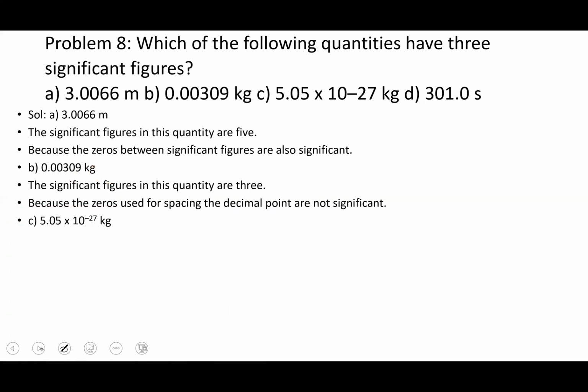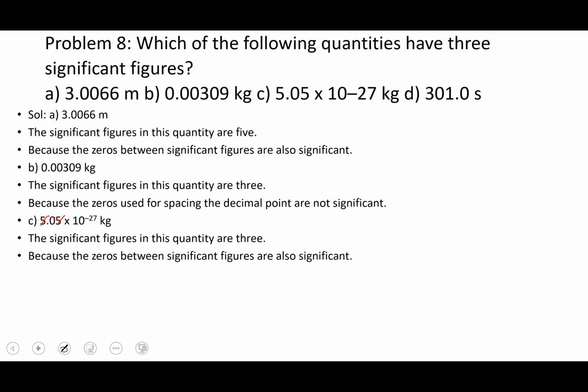The C option says 5.05 meters per minus 27 kilograms. So here we have 3 significant figures, which is 505, because the 0 between the significant figures is also significant. Now 3010 over here, the significant figures in this quantity are 4 because 1, 2, 3, 4 and the 0 is after.